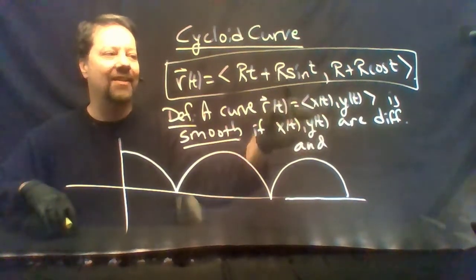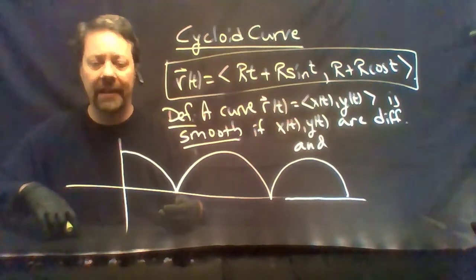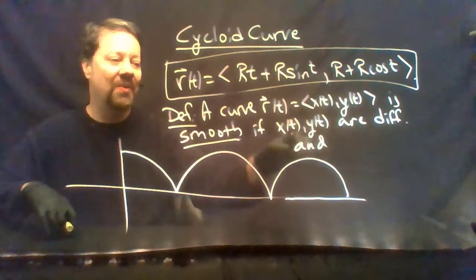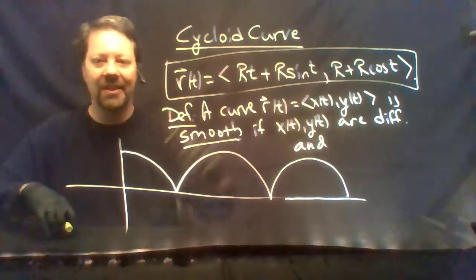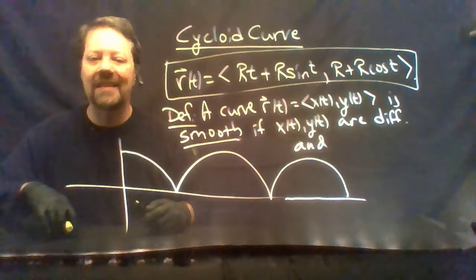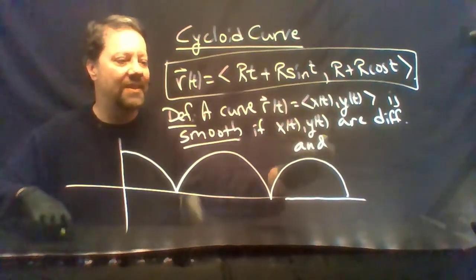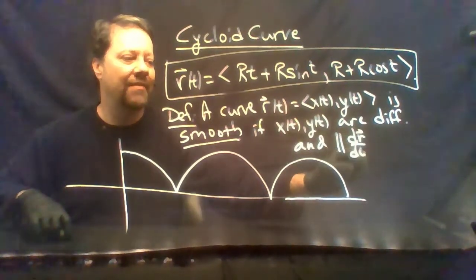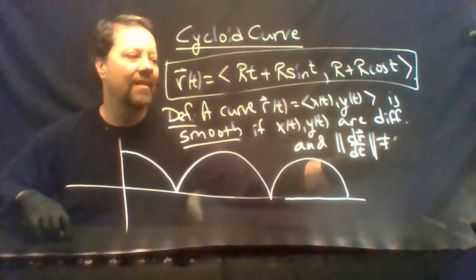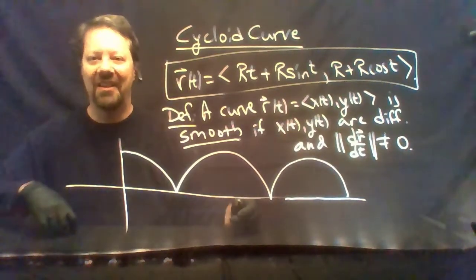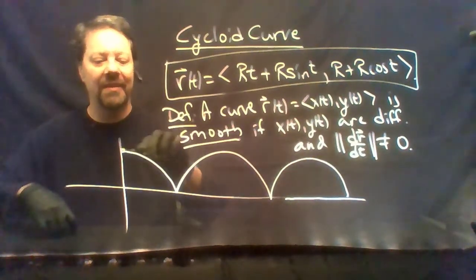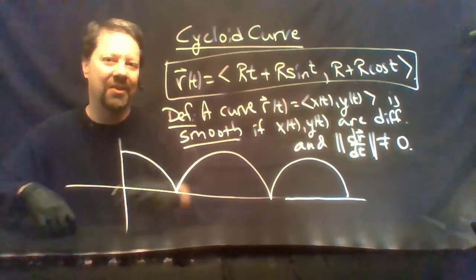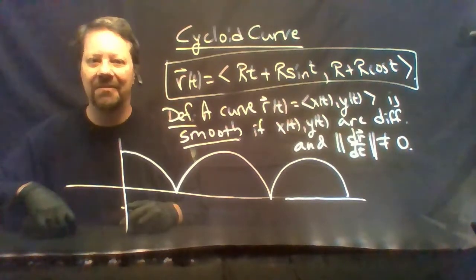You recall, these are not only differentiable, they're infinitely differentiable, and even better, they're analytic. So you have to have the other condition that the speed is not 0. The speed of a vector-valued function is the norm of the velocity vector. If the speed is not 0, then it won't have a chance to stop, turn on a dime, and take off in a new direction, like the cycloid curve.